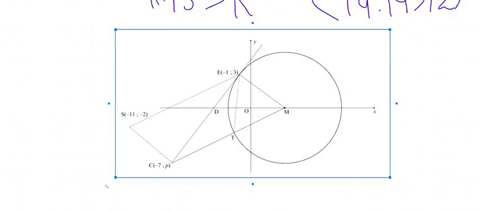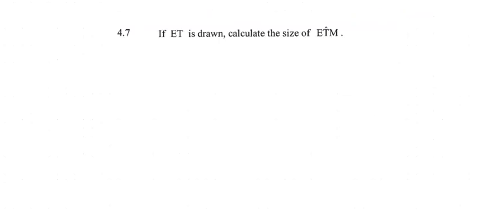So this is the last question of question number 4, which is 4.7. If ET is drawn, calculate the size of angle ETM. Okay, so let the angle of MT be the angle the radius MT makes with the x-axis.